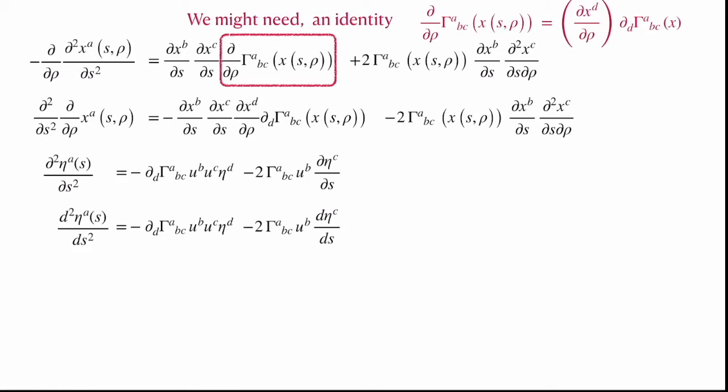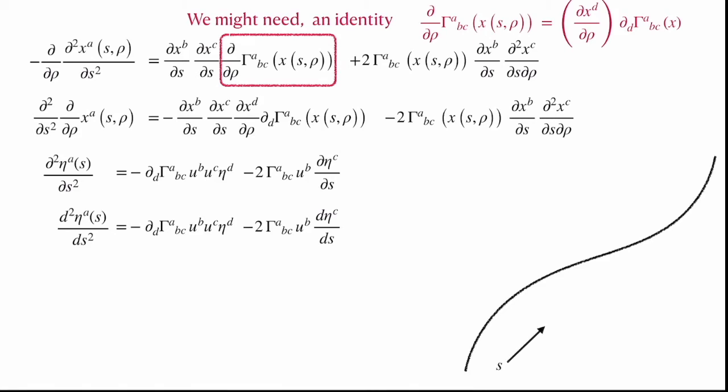That is the acceleration of a connecting vector, which is expressed in terms of the first derivative of the connection coefficient, some contraction with respect to velocity and the connecting vector itself, and then we have a gamma and for velocity and the differentiation of the connecting vector along the arc length parameter. So this is the equation which gives us the acceleration between the two neighboring geodesics.